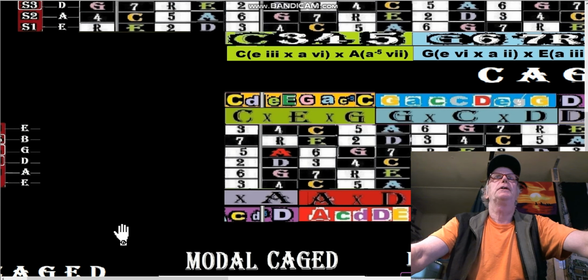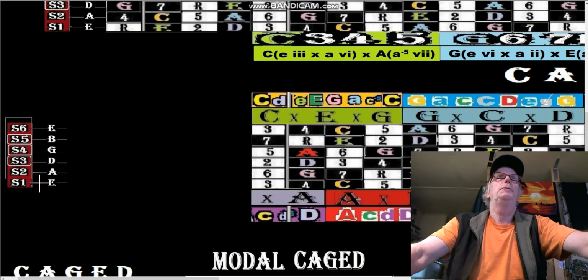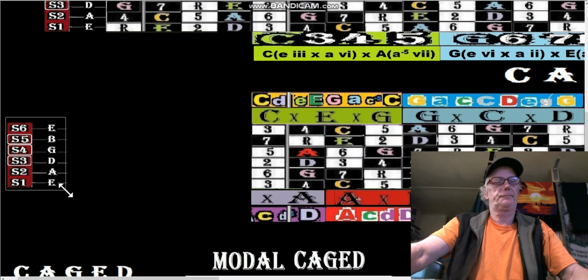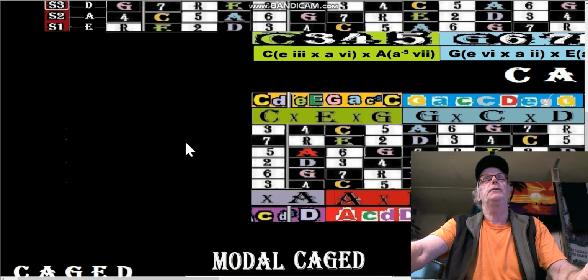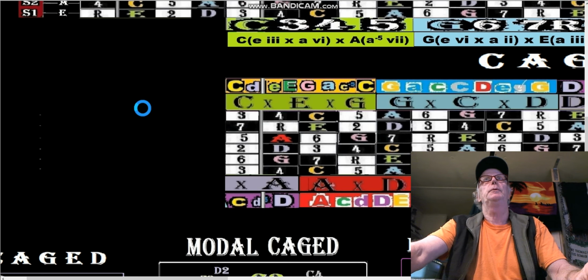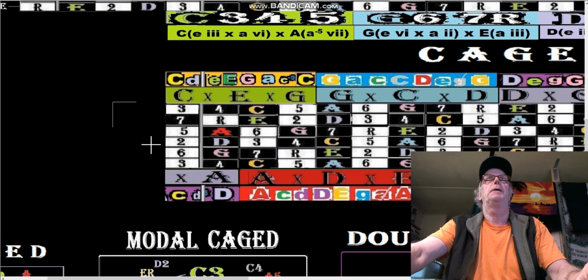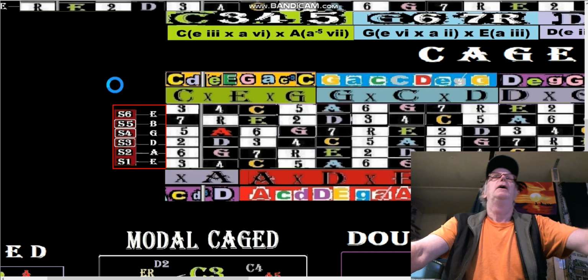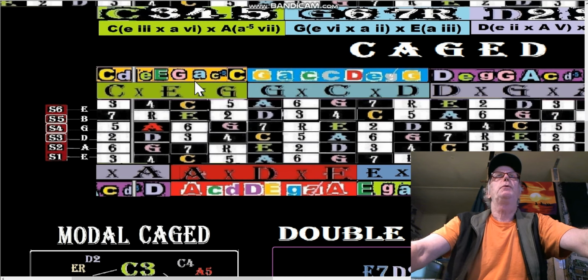So let's just look at this. We'll move these guys over. I'm going to try to line them up as best I can. I don't know if this is going to work, but last time we had a little bit of trouble lining these strings up. Okay, they look good. So that's where your guitar is.